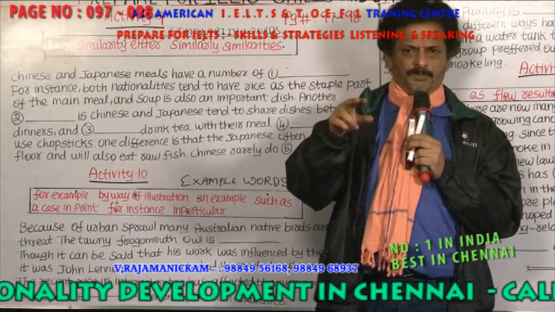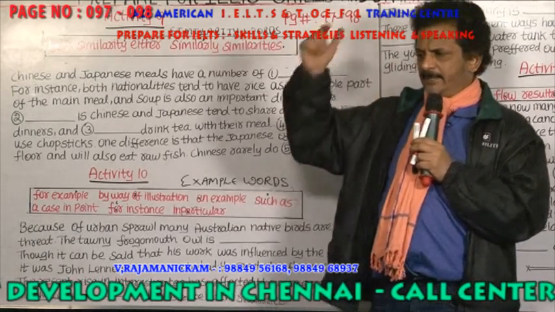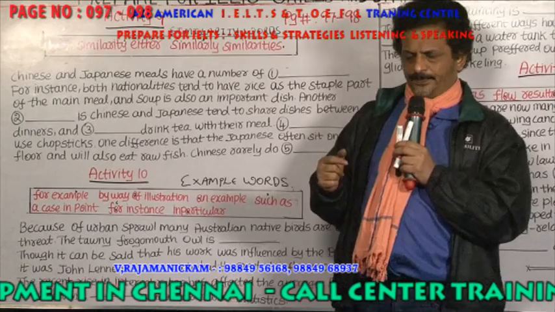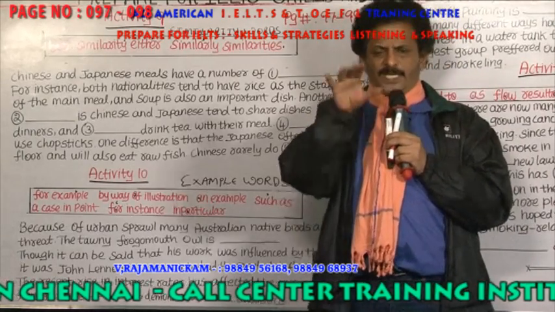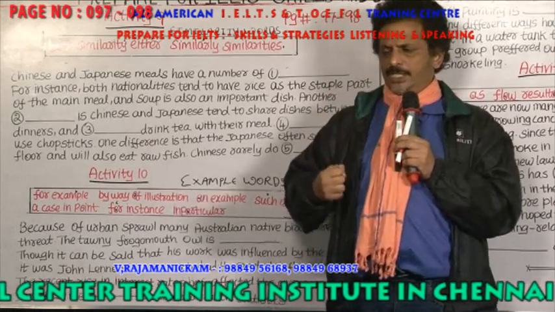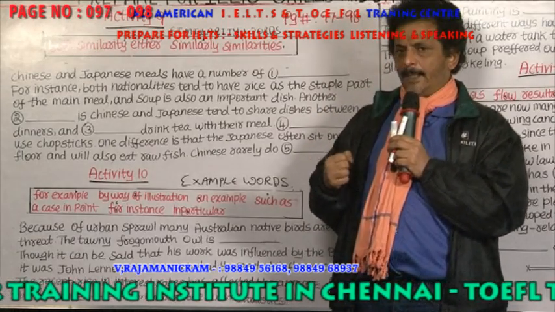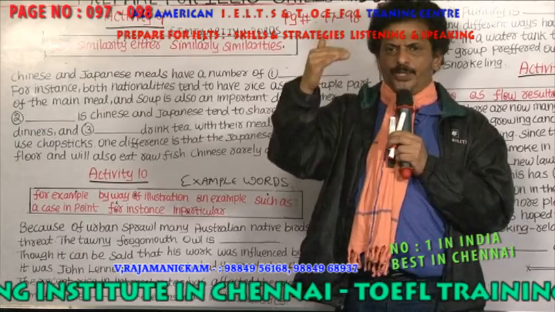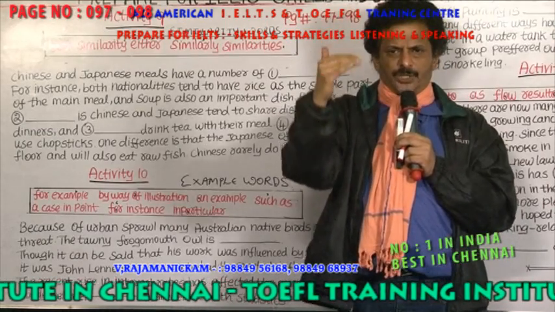So all these grammatical structures they check. Then your fluency, the pronunciation of the words, how good you are in pronouncing the words. Then coherence, how do you arrange your speech in order?